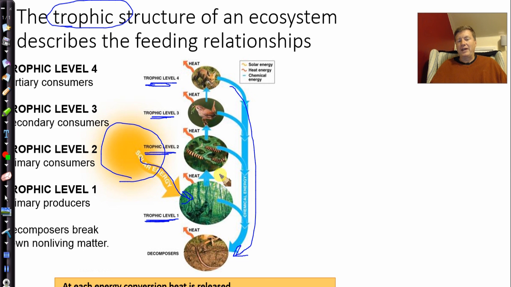Some of the plants and caterpillars and birds and foxes are going to be processed by the decomposers, but ultimately we end up with this statement down here. At each energy conversion, heat is released. You see up here, every case, some energy is going to be lost as heat.